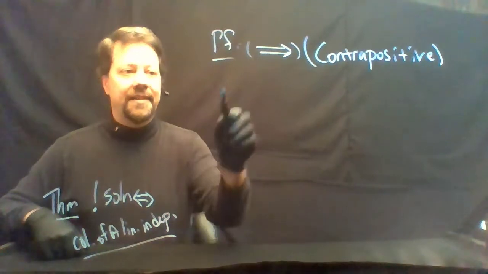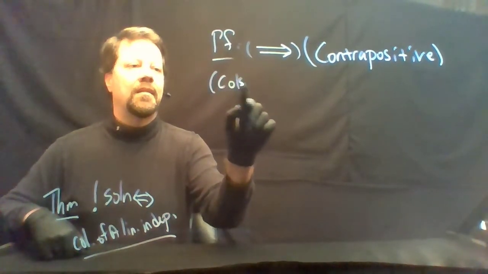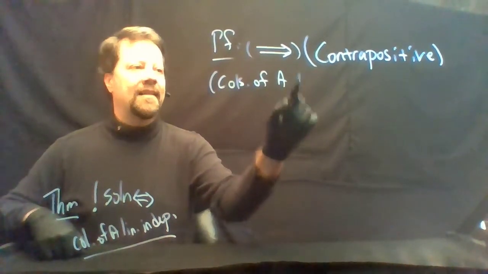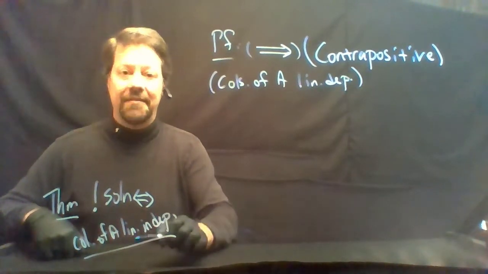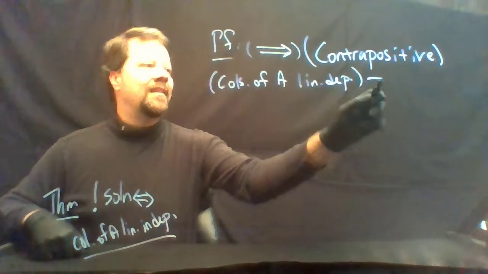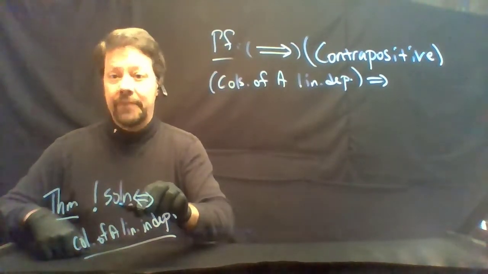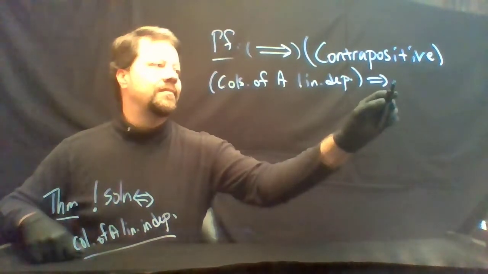The contrapositive is: columns of A linearly dependent, the opposite of linear independence, implies no unique solution.